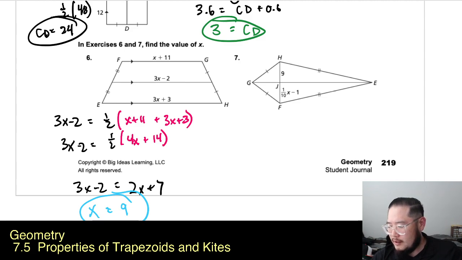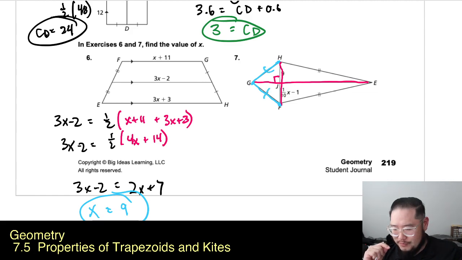Okay, so we have our diagonals, and one of the things we learned about our diagonals is that they're perpendicular. Next up, take a look at G to H and G to F. We have two segments that happen to be congruent, at one point on this perpendicular line.